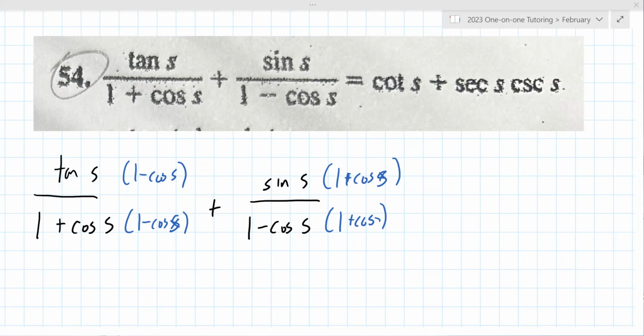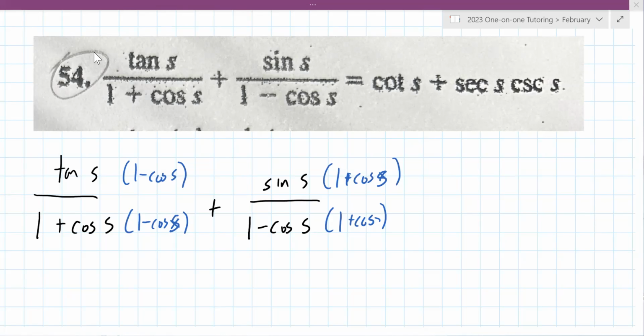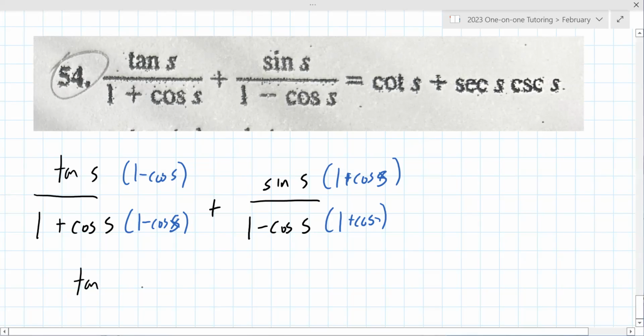So the left side is 1 minus cosine squared s. Yes. And do you see that they're both 1 minus cosine squared? Yes, because they're the same. So what's really good is if you can combine them in as few steps as possible.